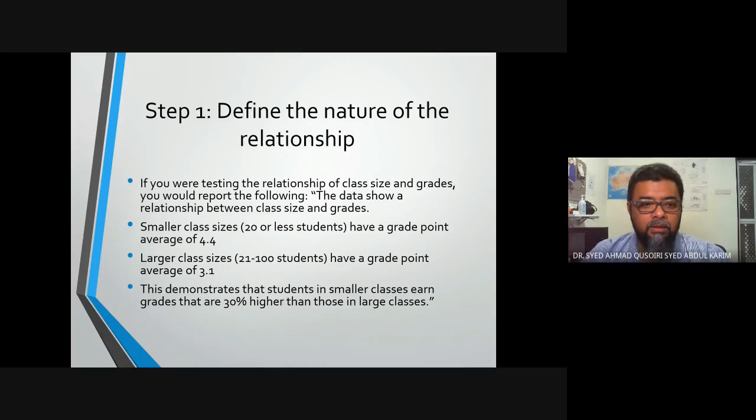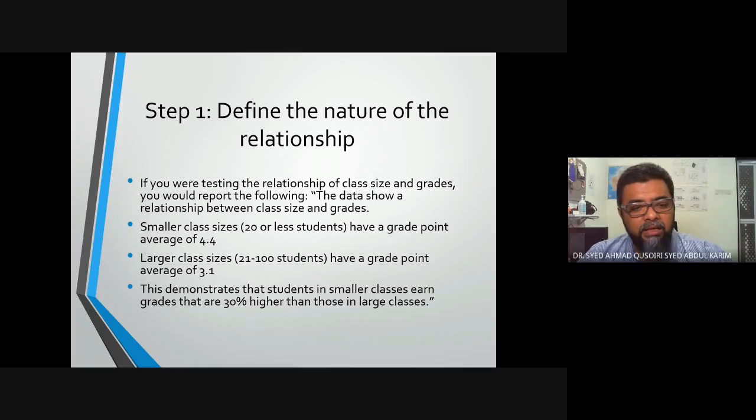Out of the survey, the researcher found out that smaller class sizes, where the term small is defined as 20 students or less, have a grade point average of 4.4. So this must be a 5 scale GPA.